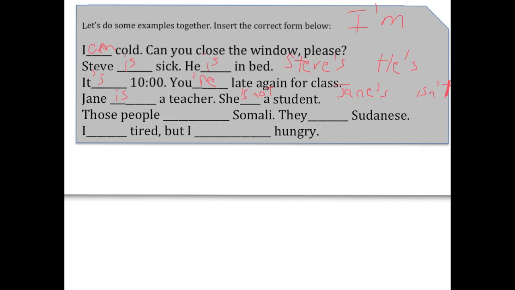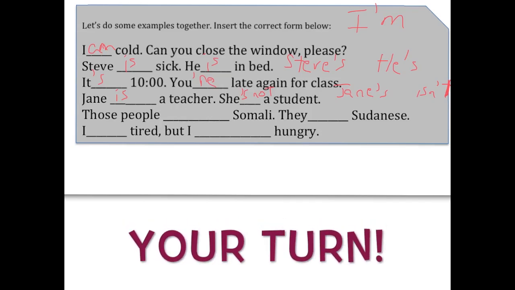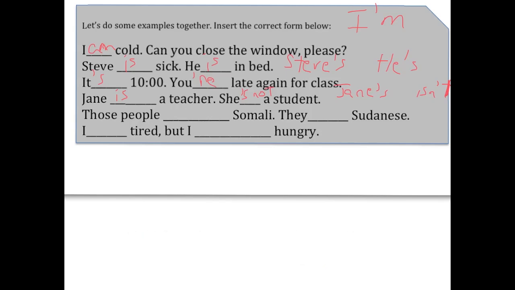Let's do the next one now. Those people blank Somali, they blank Sudanese. For this example, let's do the first one negative, so no and yes. Before that, we need to think people. With the word people, it's a little tricky. Is it am, is, or are? Those people are.